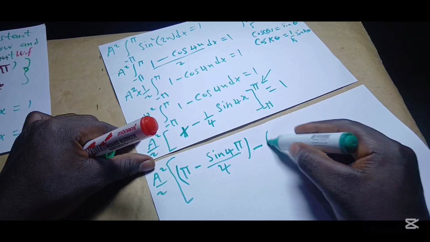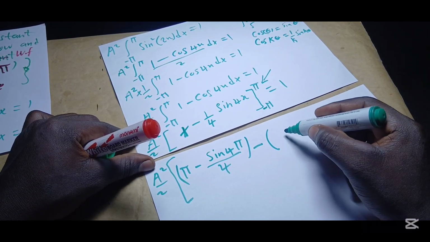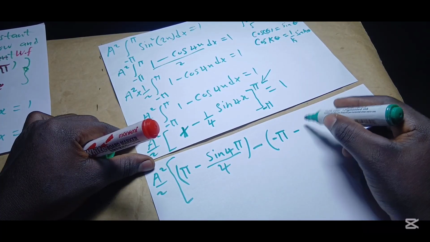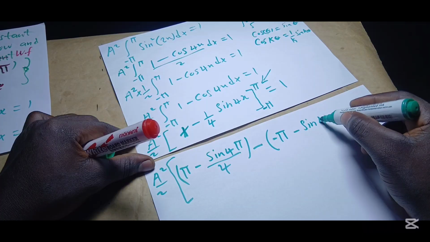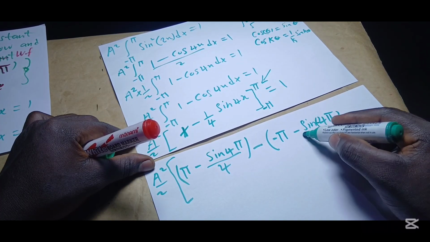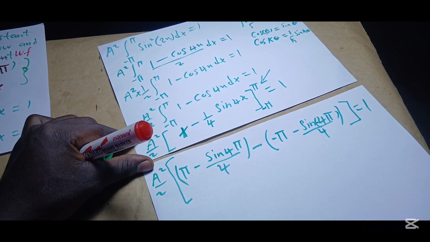Then minus bracket, we put in our lower limit, which is minus pi. Wherever we see x, we put minus pi over there. So x, which is minus pi, minus sine 4x, which is sine 4 negative pi. So this will become negative 4 pi, all over 4, close, equal 1.